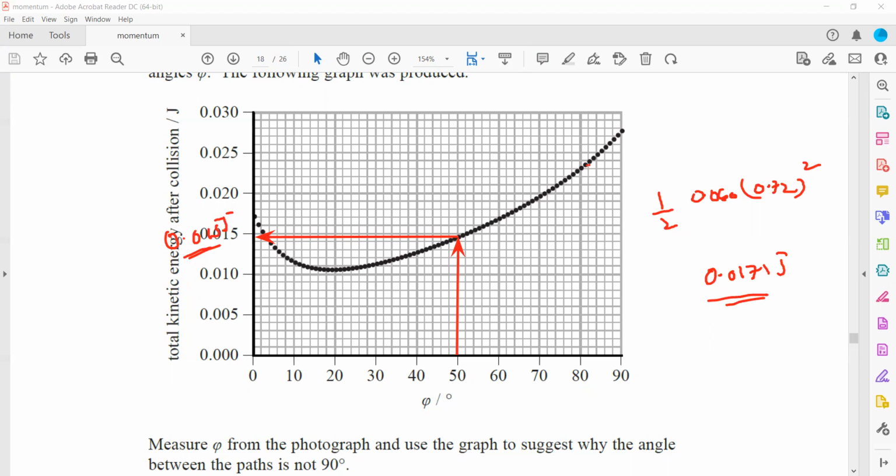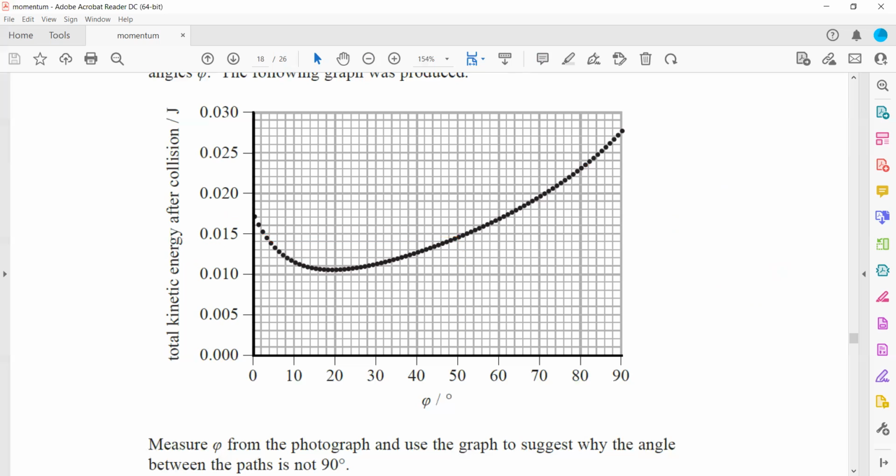That is how we work out that if the total energy after the collision came out as 0.017, it would mean the kinetic energy is conserved, so the collision would be an elastic collision.